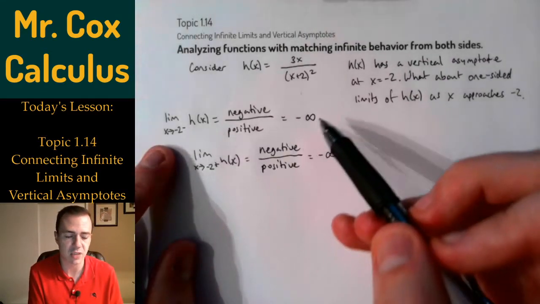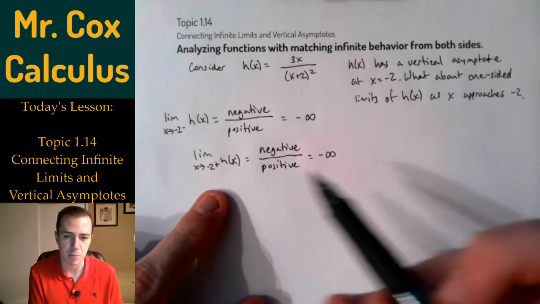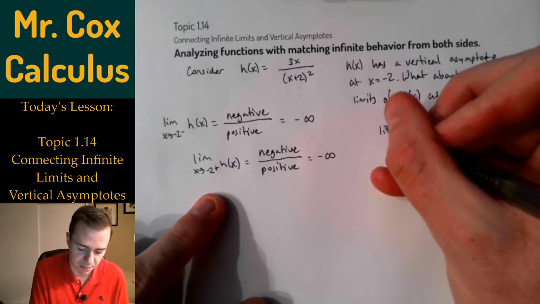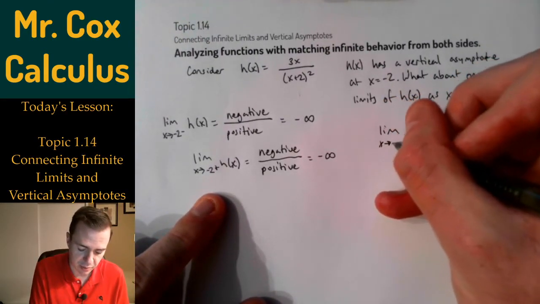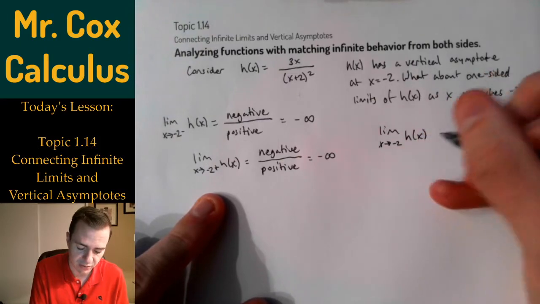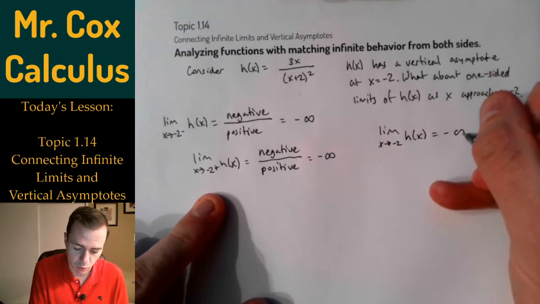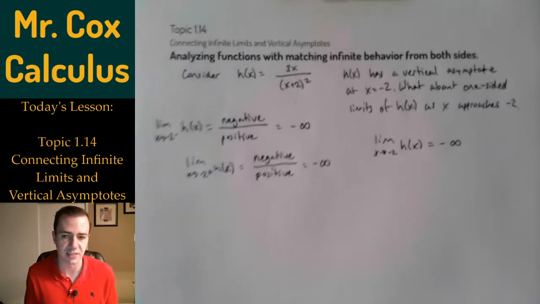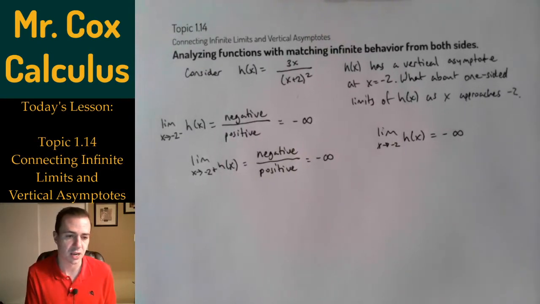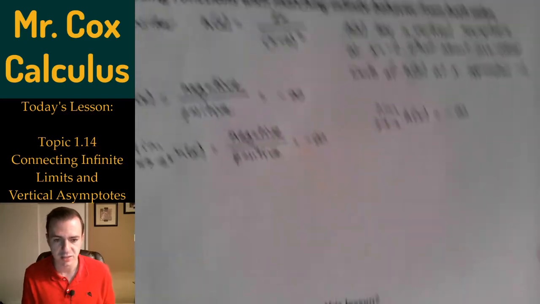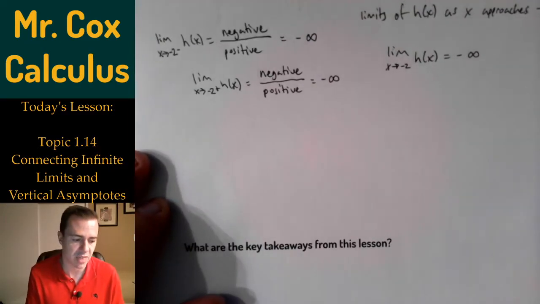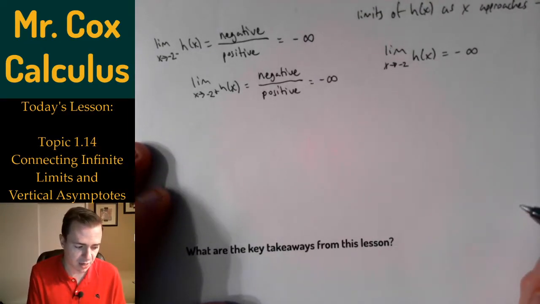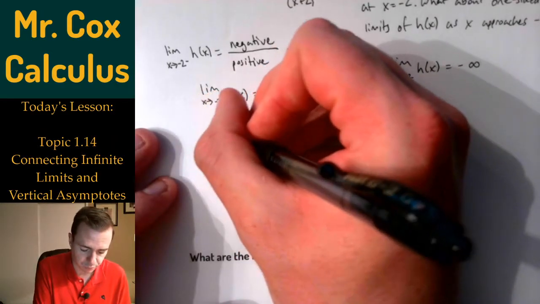So from the left, I'm going to negative infinity. From the right, I'm going to negative infinity. And so I can simply say the limit as x approaches negative 2 of this function is headed towards negative infinity. And again, that's describing a limit that doesn't exist, but it's using the infinity symbols to describe the behavior of that function.